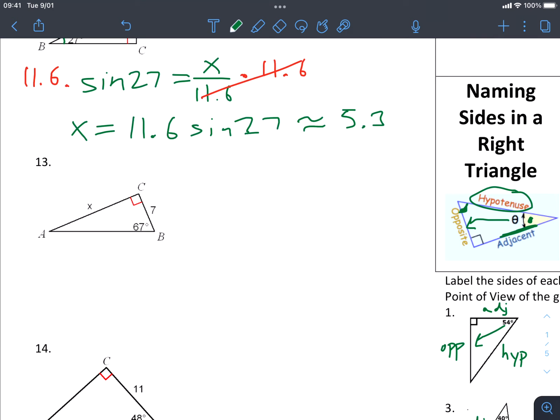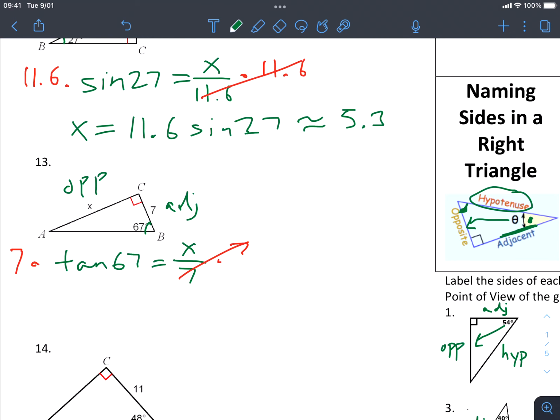So if I have my angle here, I have my opposite, and I have my adjacent. So I know that's tangent. So tangent of 67 is equal to x over 7. Just like in the previous problem, to get rid of the 7, I would multiply both sides by 7.